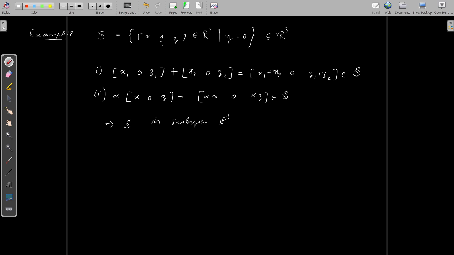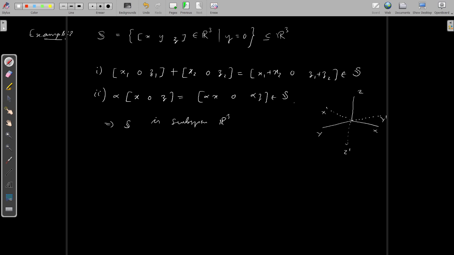Now we know that R3 is our space. If this is our X axis, this is Y, and this is Z, then what does this subspace stand for? What is this subspace y equal to 0?